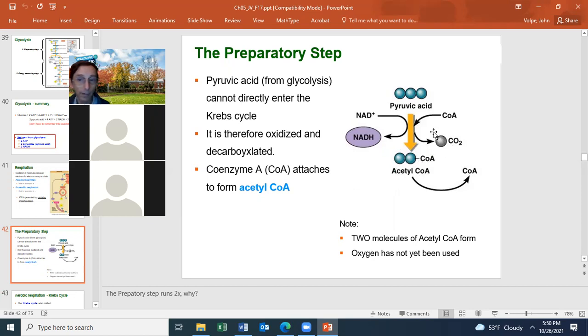So one of the carbons of glucose comes off from pyruvic acid at this step, releasing CO2. We generate NADH also. Now remember, glycolysis creates 2 pyruvic acids, so the preparatory step will run twice for each molecule of glucose. Any question about any of that?